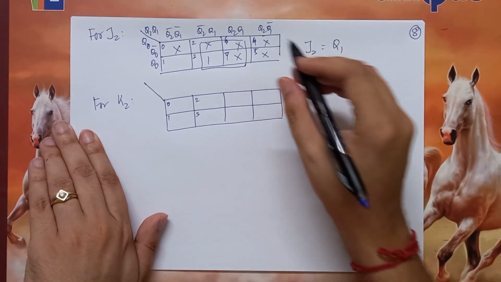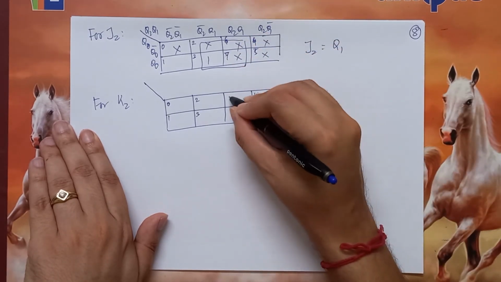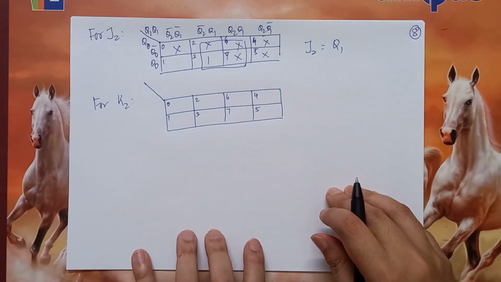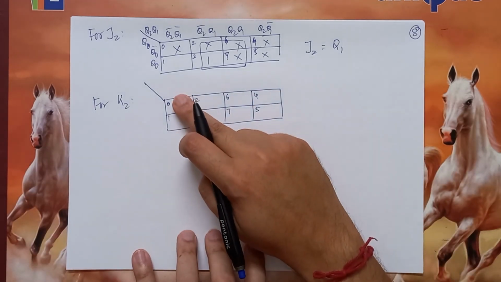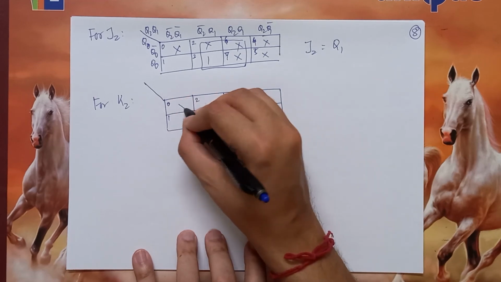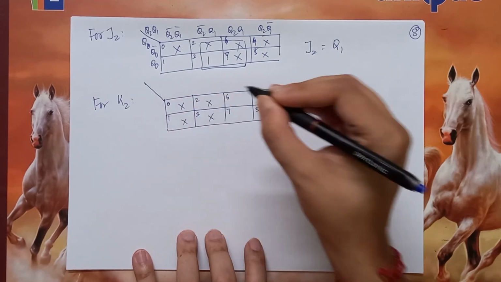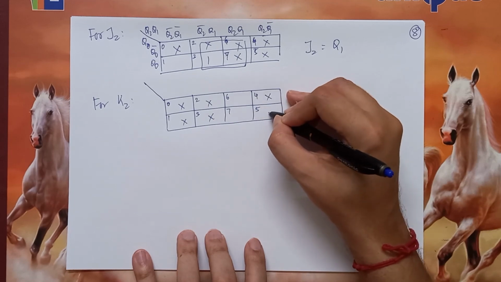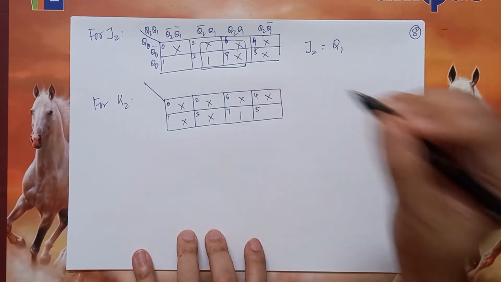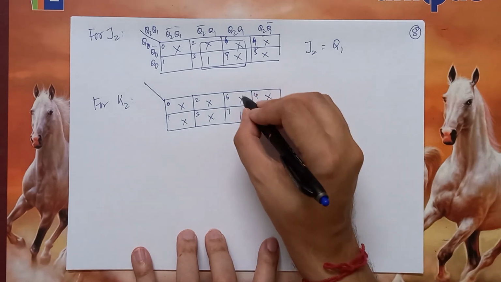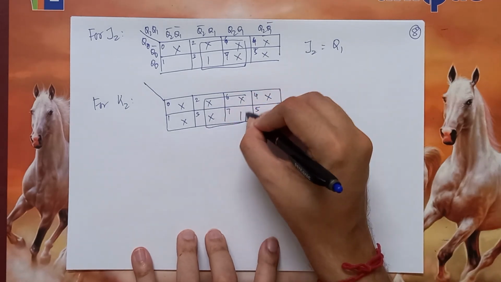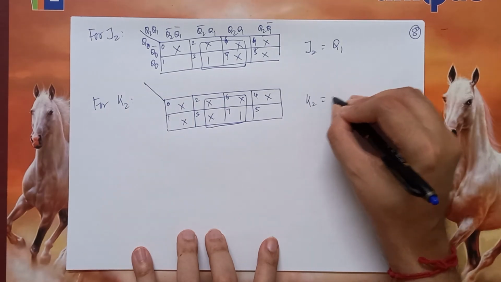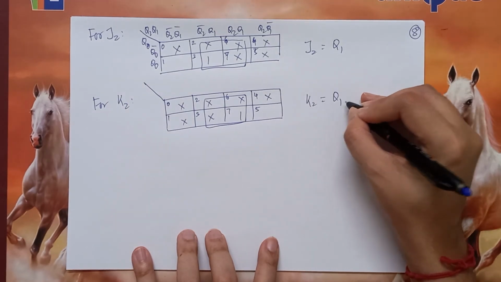But anyway, it doesn't matter over here. So for K2, you have don't care, don't care, don't care, don't care. Then 1 don't care over here, a 0 over here, don't care, and a 1. So we can again make a group of 1s like this. So what we see, K2 is also equal to Q1.